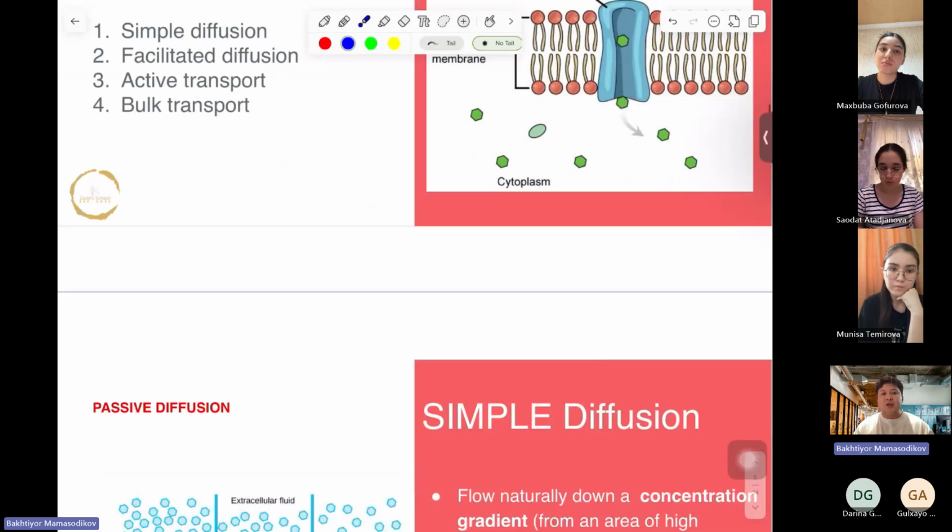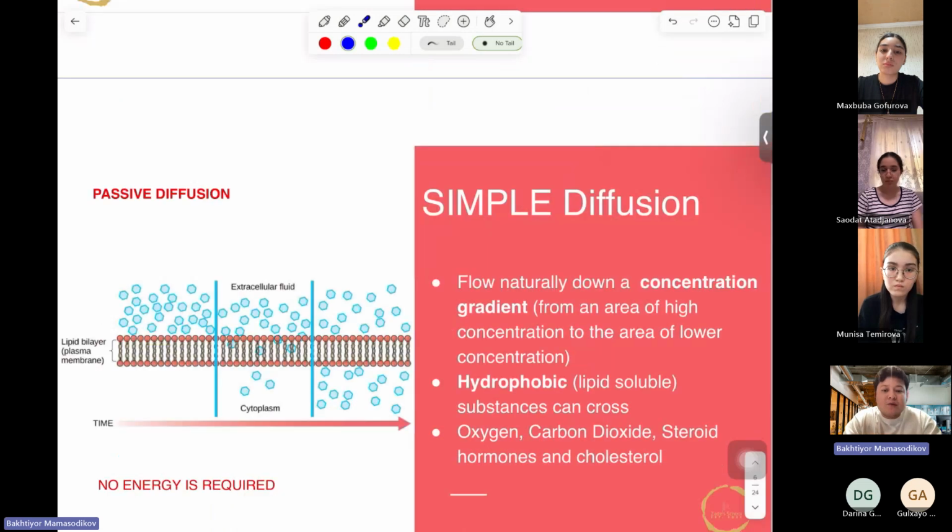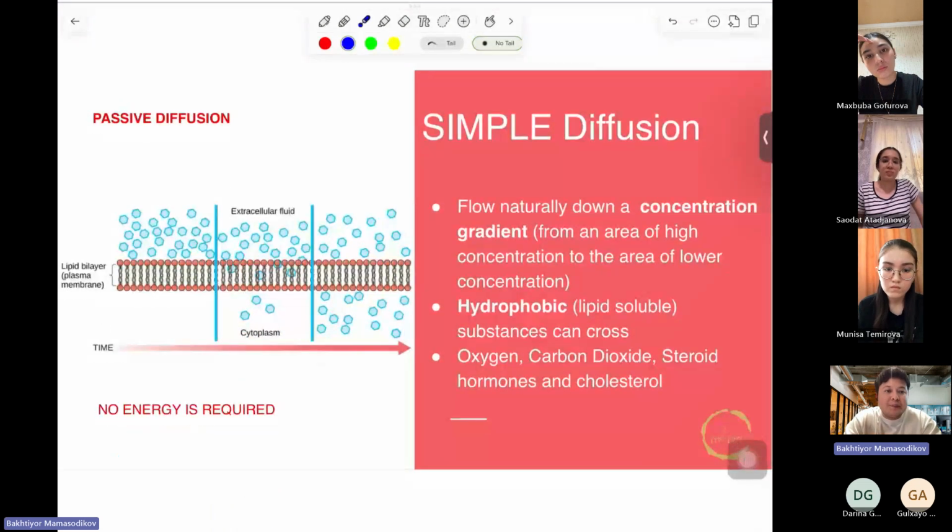Actually, before entering into the simple diffusion, my question for you is, what's concentration? What is concentration? What do you understand with it?